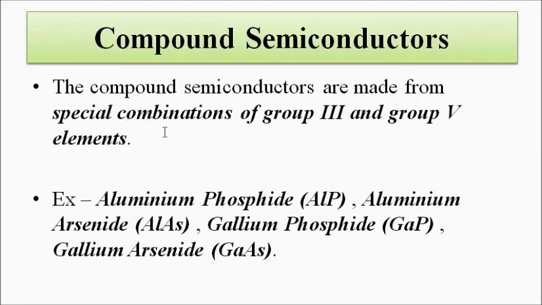And examples of common compound semiconductors are aluminum phosphide, aluminum arsenide, gallium phosphide, gallium arsenide, etc. So these are the commonly used compound semiconductors.